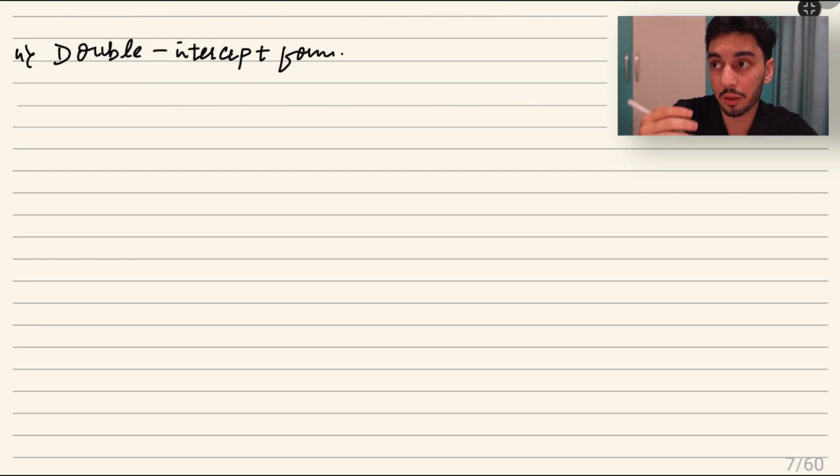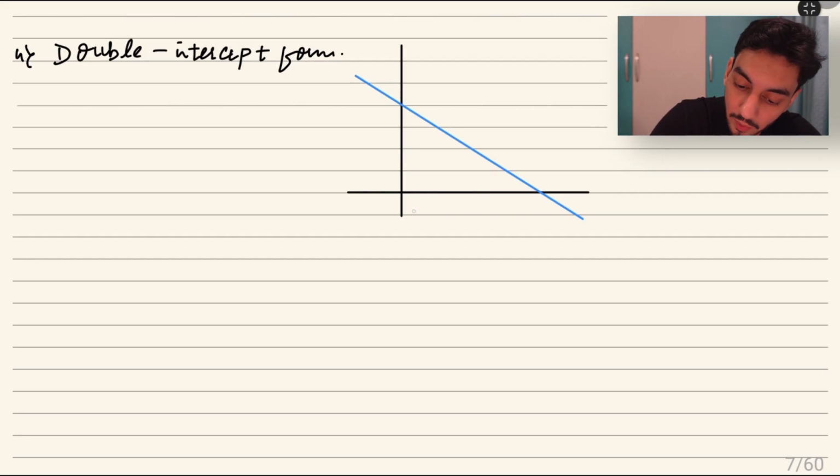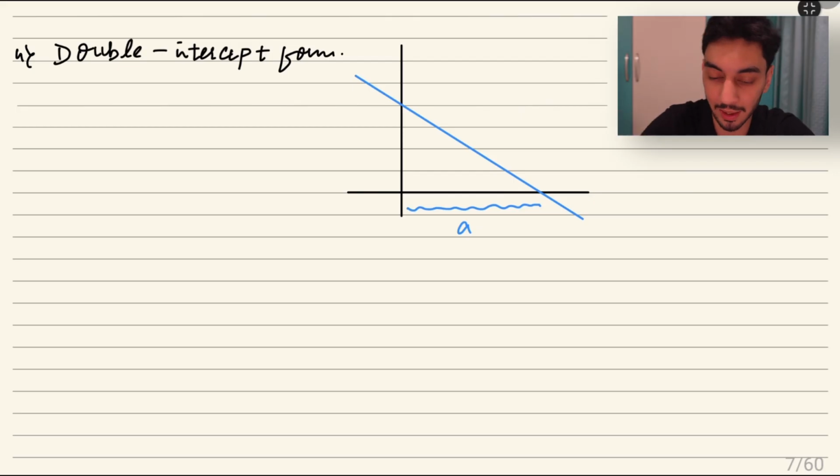Now the name itself suggests that double intercept means two intercepts, so we'll have two intercepts over here. Let me draw my x and y axis, and let's say my line intersects the x and y axis both like this. Over here this distance that I can see is the x intercept, and I call it a.